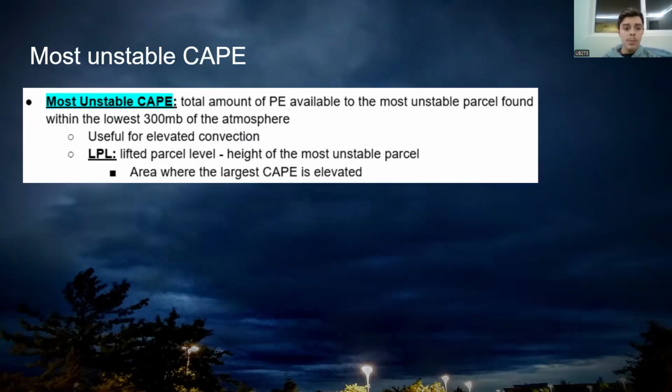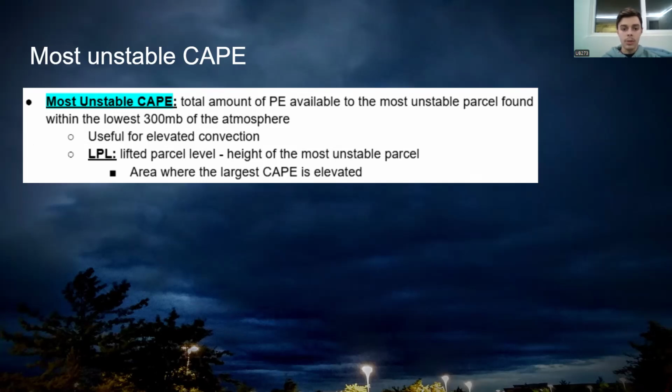Most unstable CAPE is the total amount of potential energy available found in the most unstable parcel. The thing about this is it's typically going to be the largest value of CAPE, and people will share this when they're wanting to show what instability we have because that might get the most clicks or views on whatever platform.